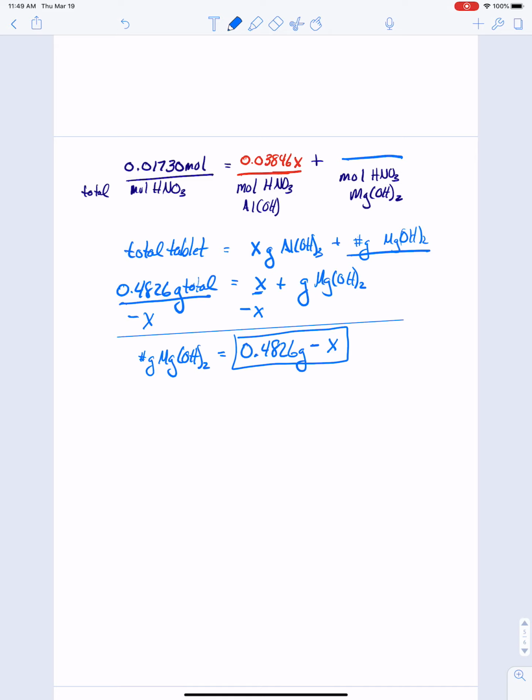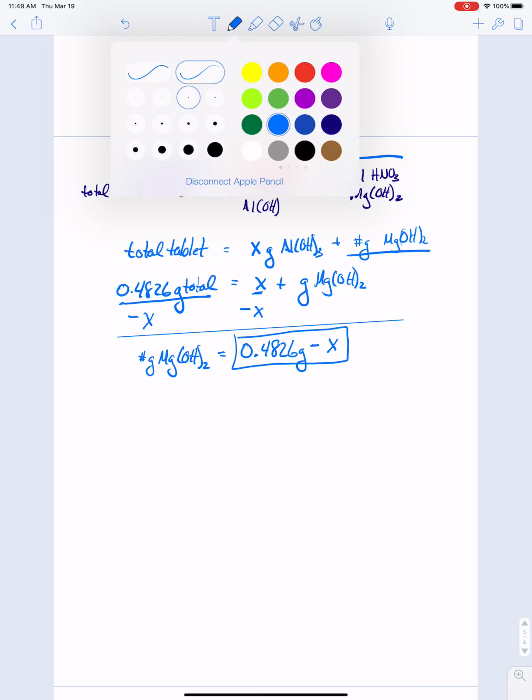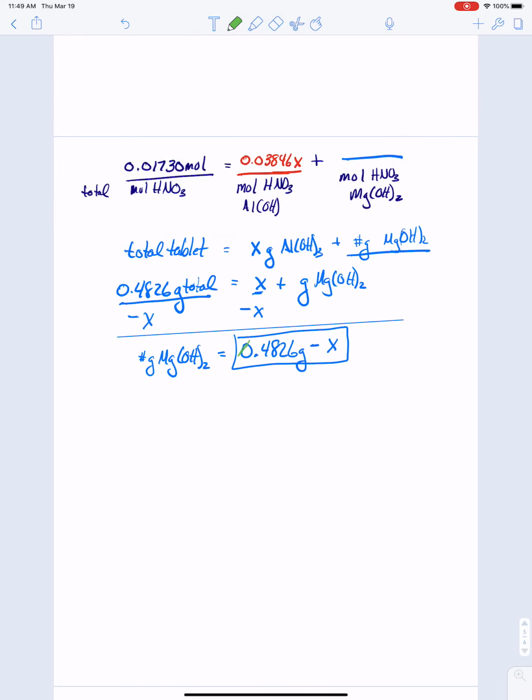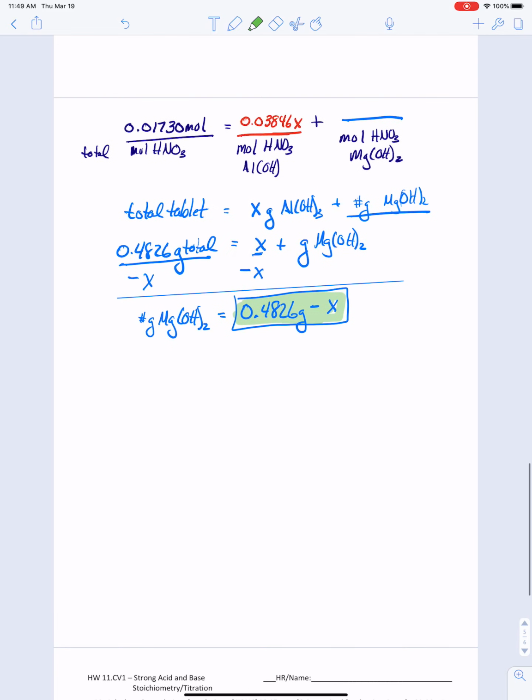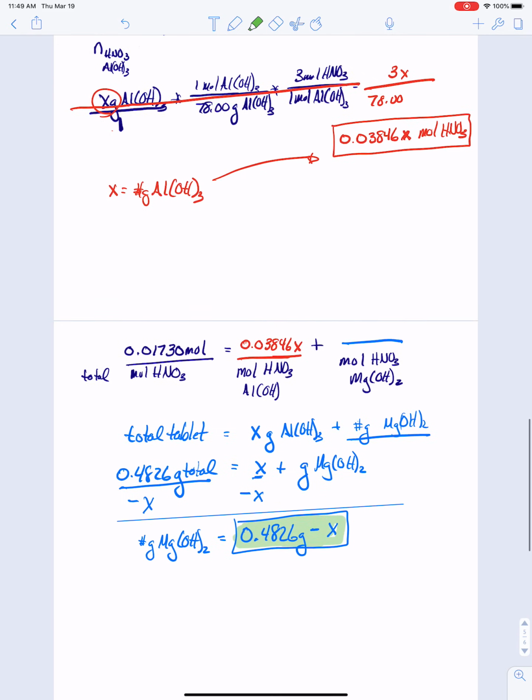So here we have another expression. We have an expression for the number of grams of magnesium hydroxide.